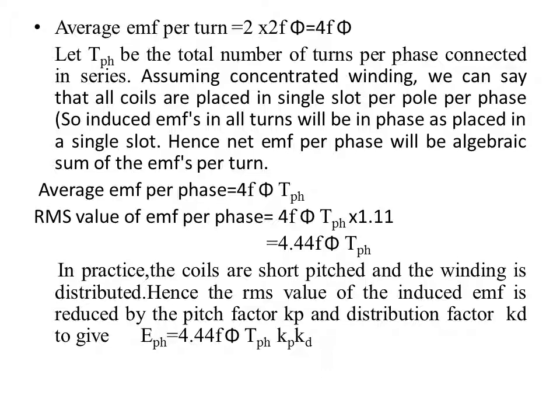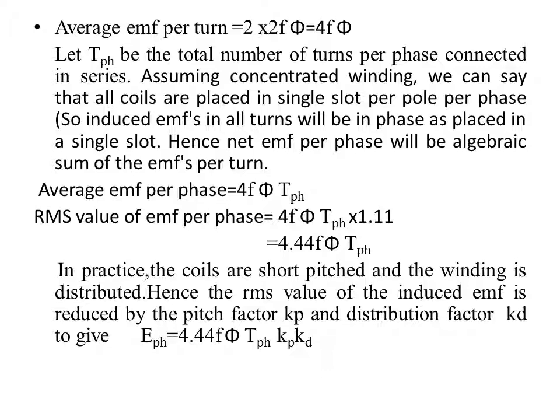Two conductors make one turn, so T_ph is equal to Z_ph divided by 2. So we get the RMS value of the E.M.F as 4.44 f phi T_ph. But one thing to remember: in the ideal case Kp and Kd are equal to 1, because we have considered a full pitch coil and concentrated winding.